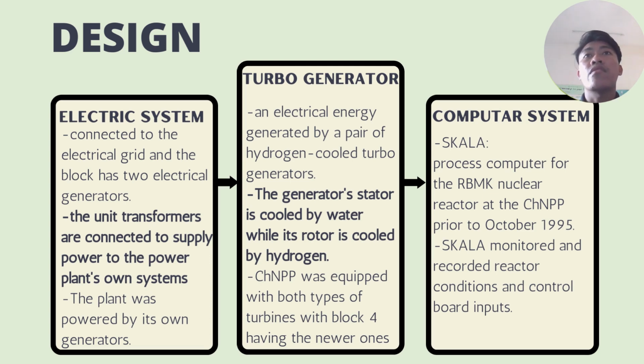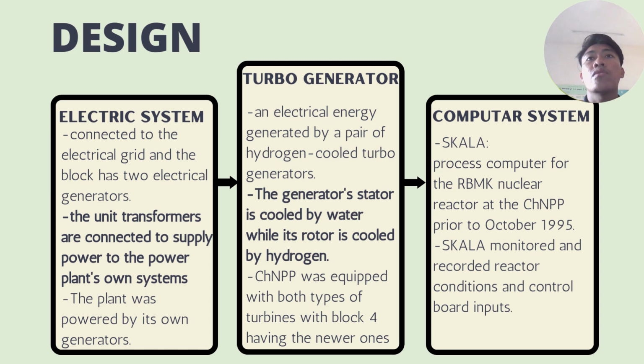Next is the design of the electric system. The power plant is connected to the electrical grid, and the block has two electrical generators connected by a single generator transformer with two switches in series. Between them, the unit transformers are connected to supply power to the power plant system.